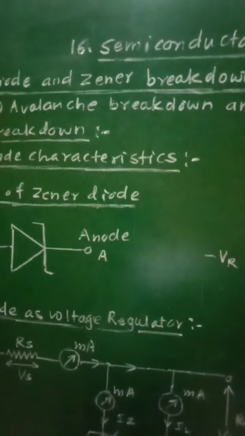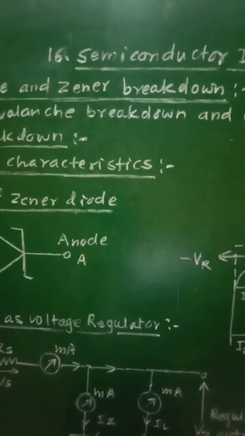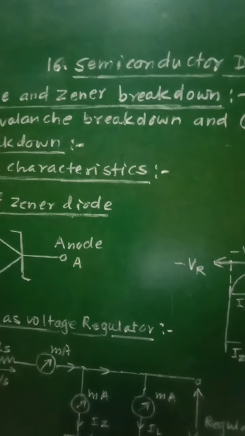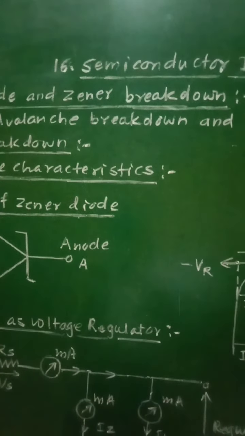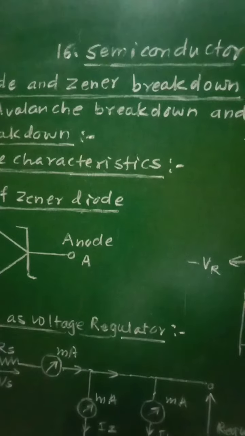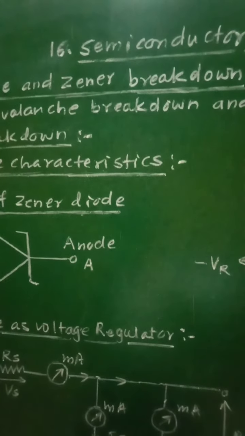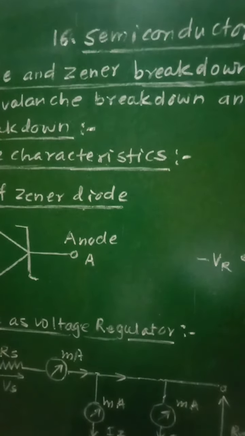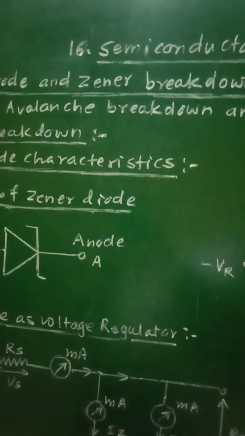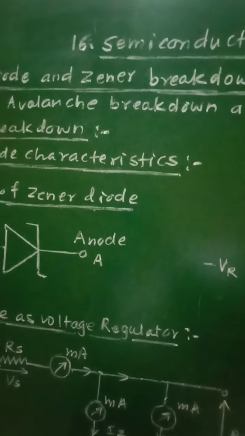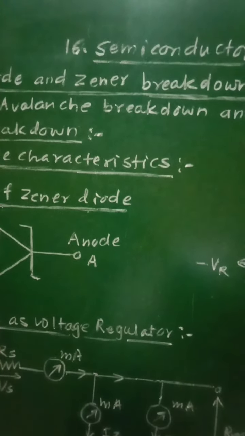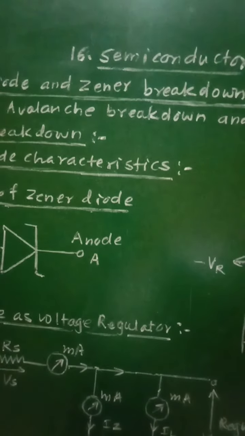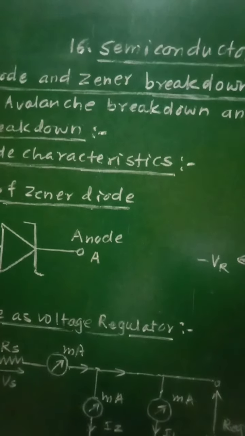That means in case of a PN junction diode, when it is reverse biased, after a particular value of reverse bias voltage, the current in the diode increases suddenly. So that voltage at which the current increases suddenly is called the reverse breakdown voltage.